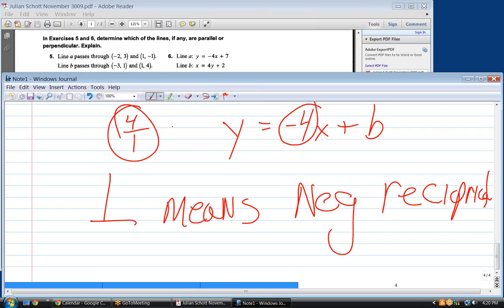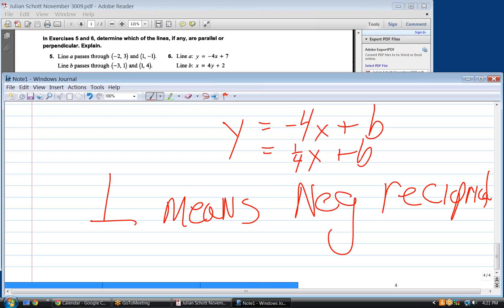So if I take the reciprocal of that, it's 1 over 4. So the perpendicular line to this equation from the last problem would be 1/4 x plus some b. That's what perpendicular means.